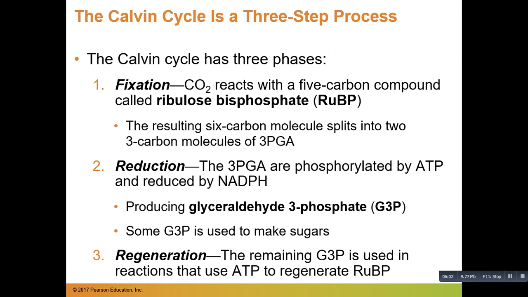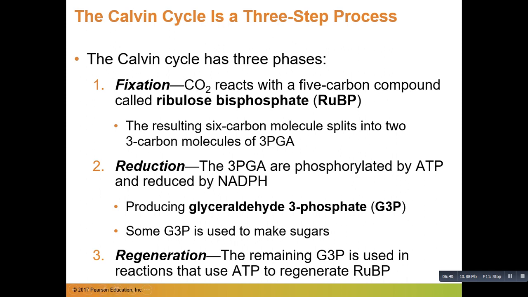So essentially, we're going to transfer the energy from the ATP and the NADPH to this 3-carbon molecule, this 3-PGA. And what that's going to do is that's going to produce glyceraldehyde 3-phosphate, or G3P. And some of that G3P is used to make sugar. So this is going to be really, really important to our Calvin cycle.